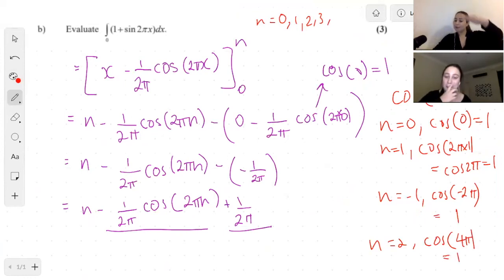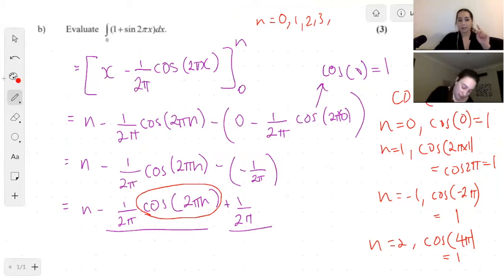So do you realize a pattern? Regardless of the value of n, cos of 2 pi n is always 1. So this can be rewritten as just 1.